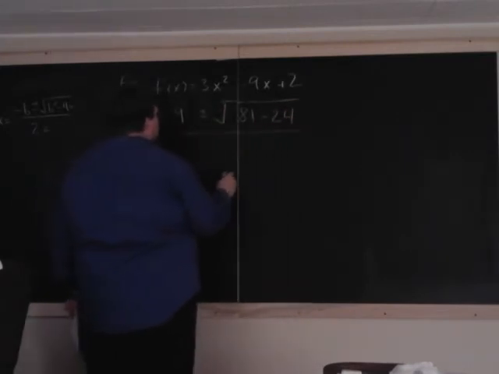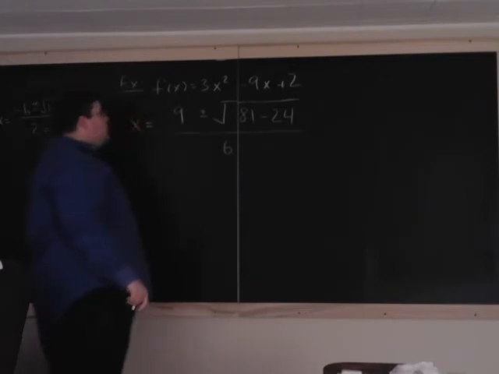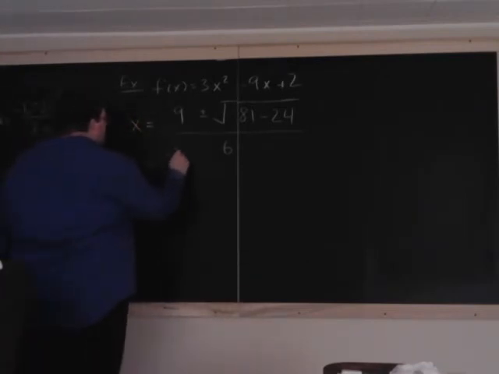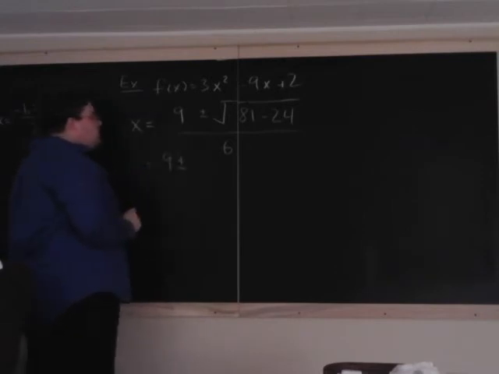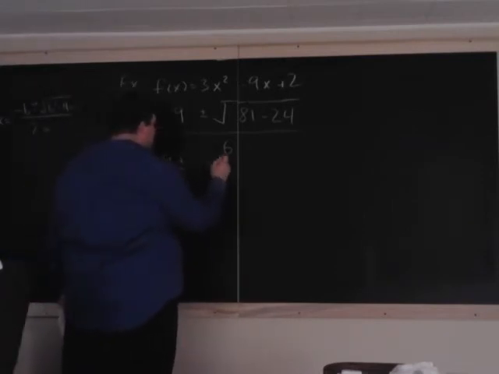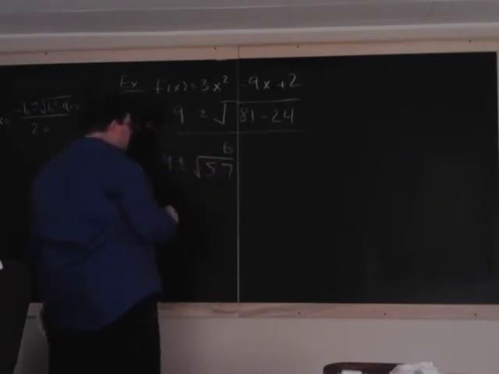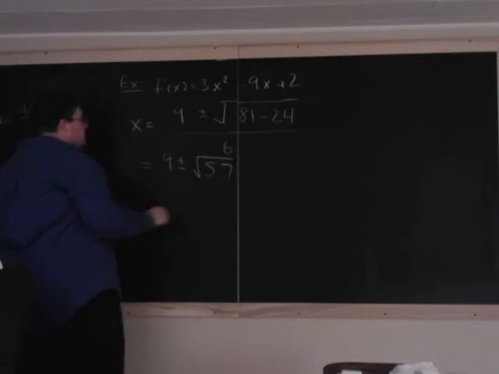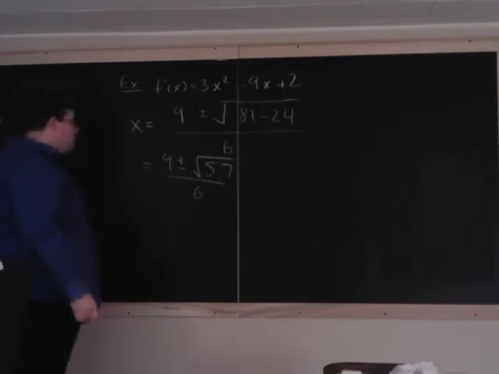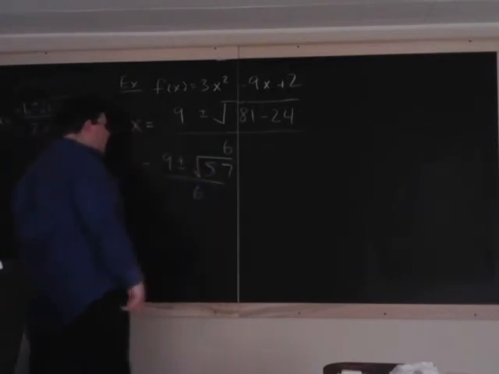And all of this is over 2a. 2 times 3 is 6, and we'll just subtract those numbers. 9 plus or minus root of 81 minus 24 makes what? Not 52, 57. All over 6. Root 57, that doesn't simplify at all. You can't take anything out of it. Even if it did simplify, that answer's okay.